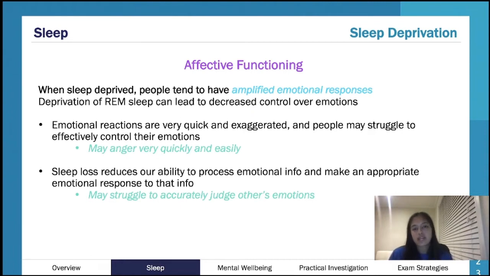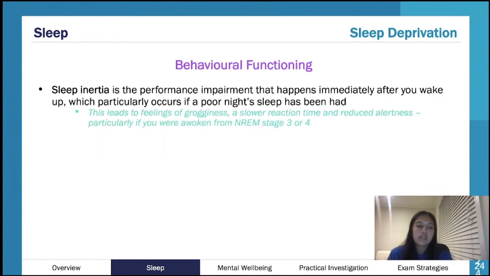You can just describe things like that. Because they may ask you, what are two affective consequences of partial sleep deprivation? And then you could say something like, more easily irritable and trouble judging other people's emotions, something like that.